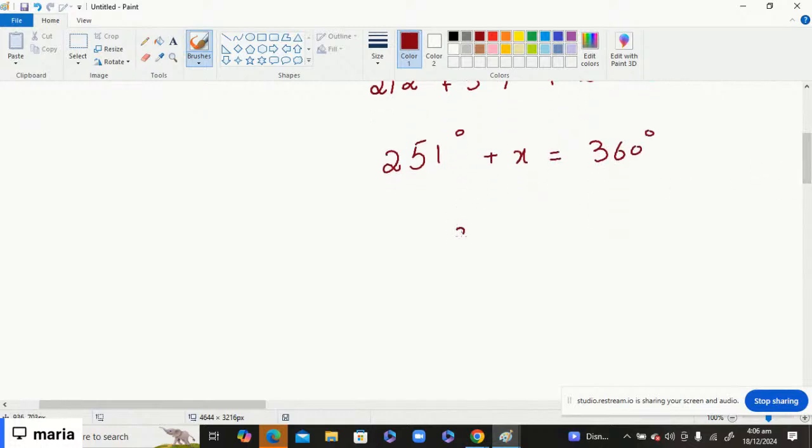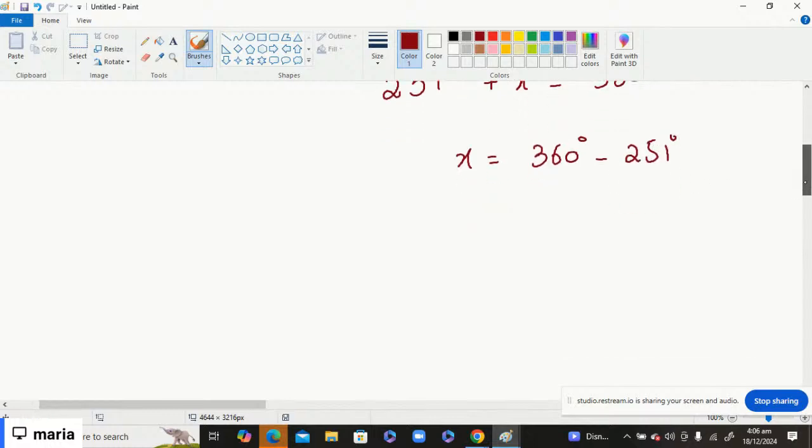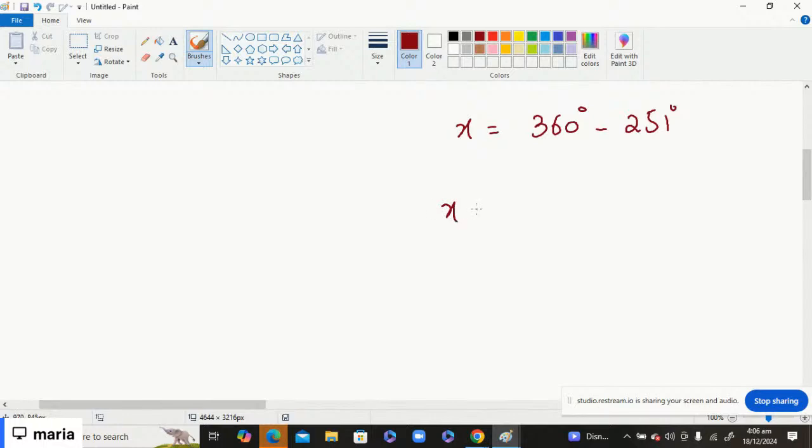Now x stays in the same position, and 360 degrees stays in the same position. The 251 degrees moves across, so the plus sign becomes minus 251 degrees. So let's just subtract this.